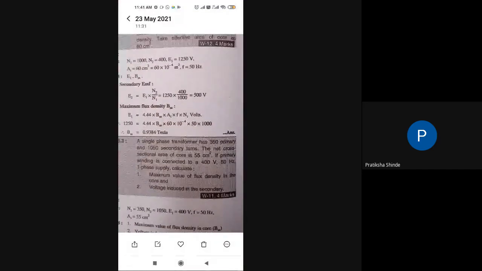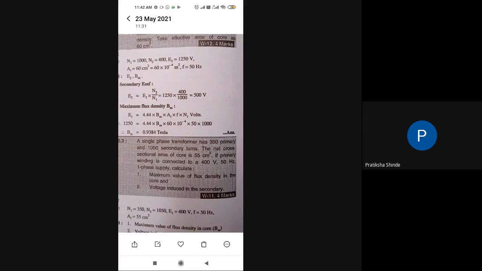A single phase transformer. Have you taken the screenshot? Okay, what is given? A single phase transformer has 350 primary and 1050 secondary turns, that is N1 is equal to 350, N2 is equal to 1050.